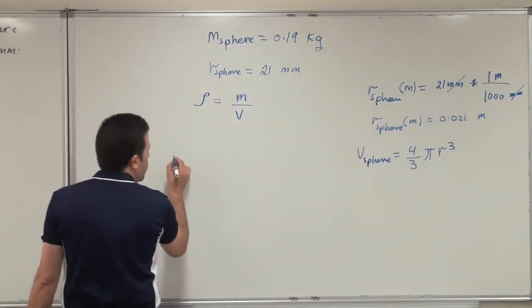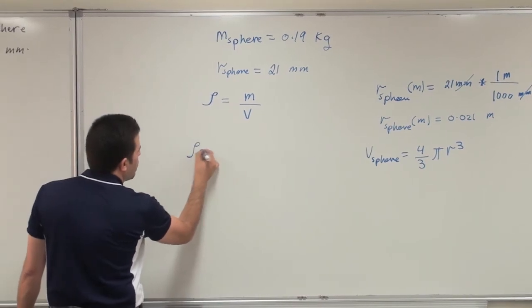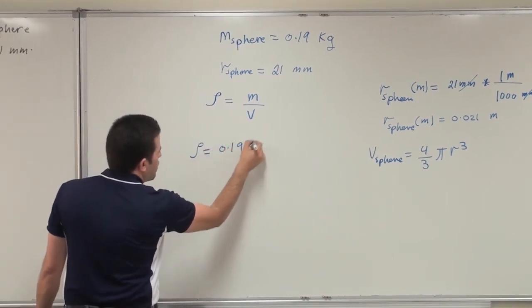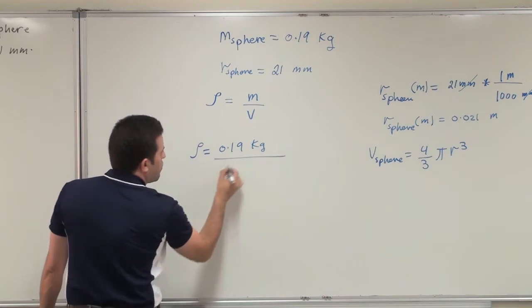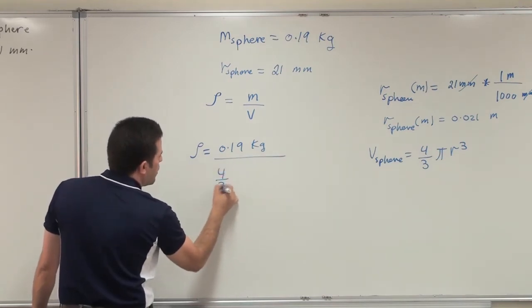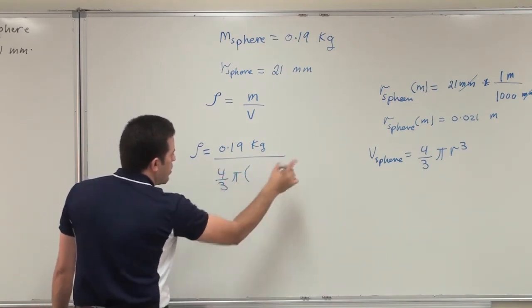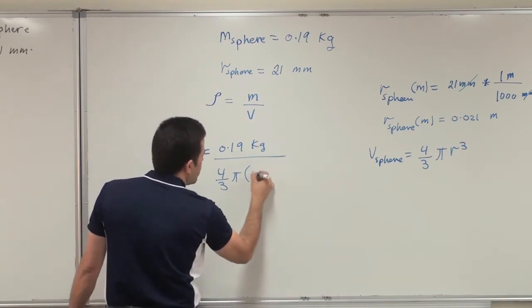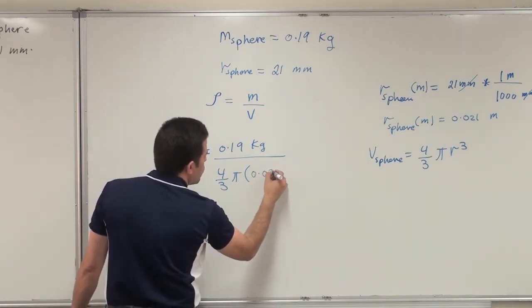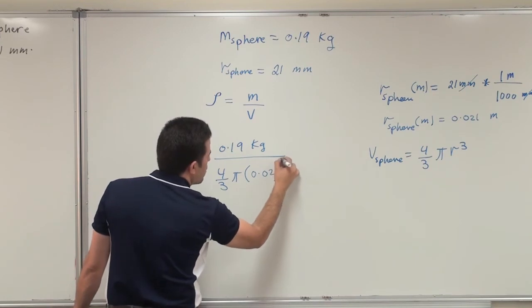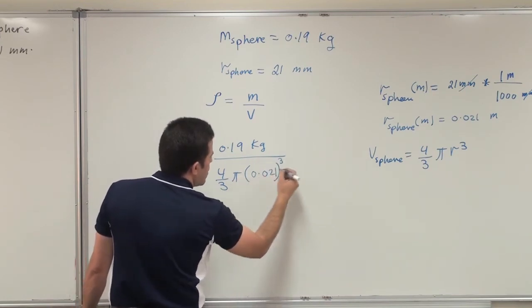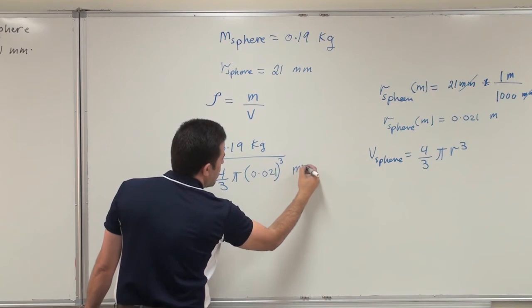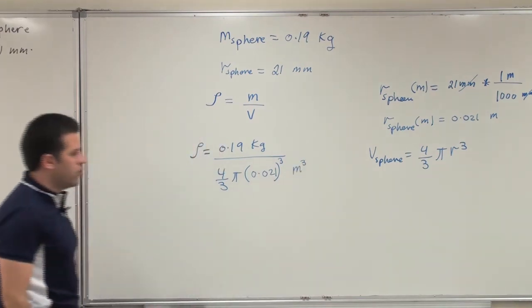I can substitute all the results here. Density equals 0.19 kilogram divided by 4/3 π multiplied by R cubed, which is 0.021 raised to power 3, and this should be given in meter cubed. This is volume.